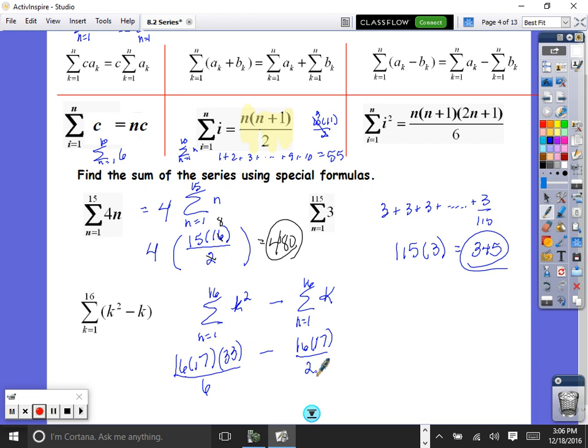So when I put that in my calculator, I should get 1,360. Just a quicker way to add those up rather than writing 16 of those terms into that rule.